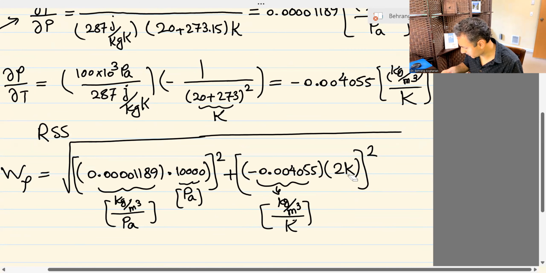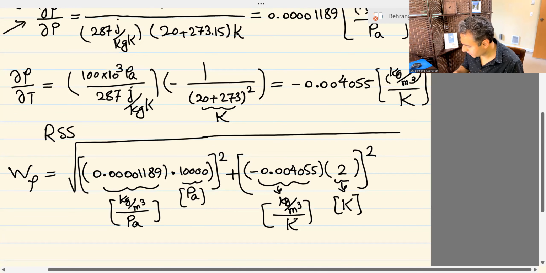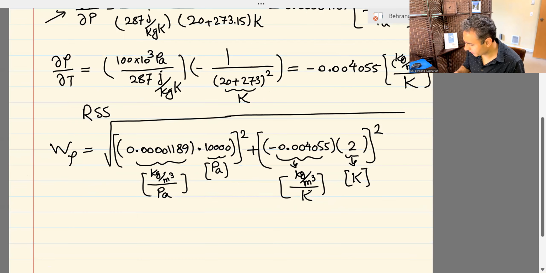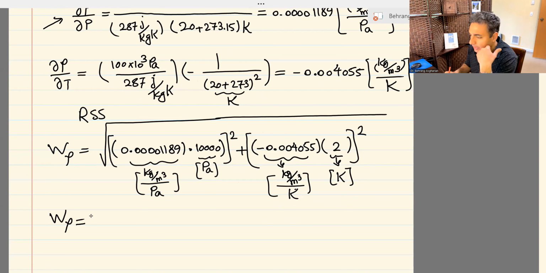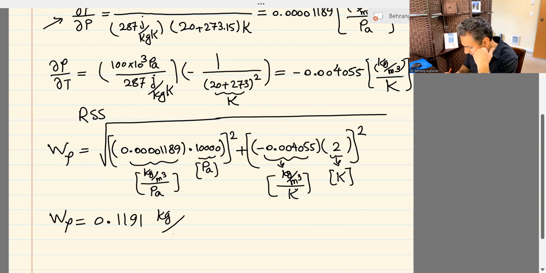And of course, this is Kelvin already, so I can just keep it 2, and this guy is just Kelvin. After you calculate this whole thing, you can pause this video and calculate this. The uncertainty for density happens to be 0.1191 kilograms per meters cubed.